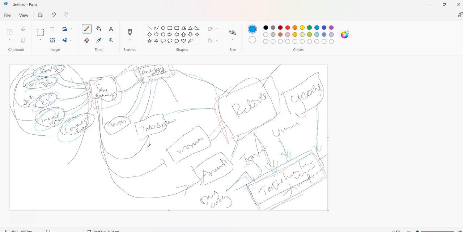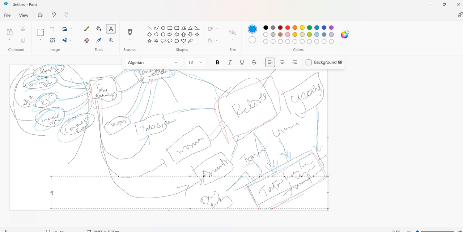You are supposed to use Draw.io or Lucidchart. One is Draw.io, this is the website. The next one is Lucidchart.com. Using either of these websites, you can create this design effectively.